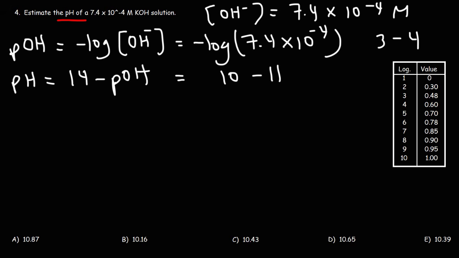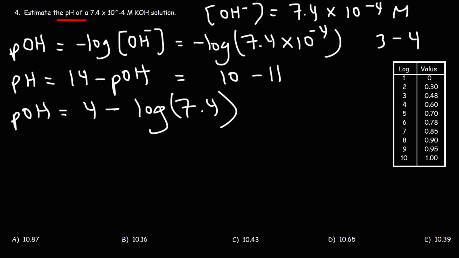So which one is the correct answer? Well, first, let's begin by evaluating negative log of 7.4 times 10 to the minus 4. So it's going to be the positive value of that number, 4, minus log of the number that we see here, 7.4.